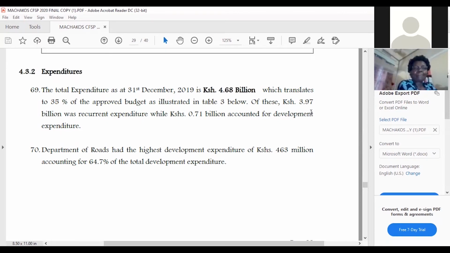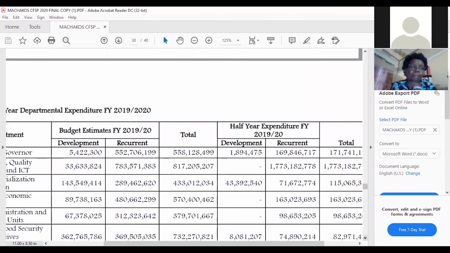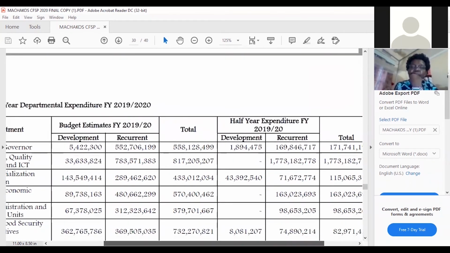Awesome. So you can see here they are saying that the Department of Roads had the highest development expenditure of 463 million, accounting for 64.7% of the total development expenditure. As you can see here, this is development expenditure for the financial year 2019.